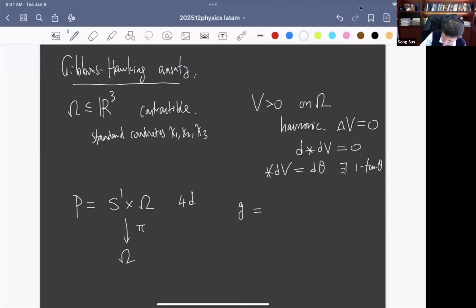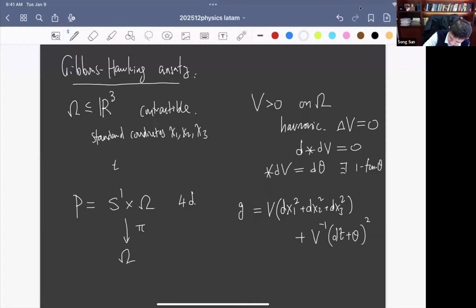You just take the standard Euclidean metric and do a conformal change by V. Because of this projection by pi, everything downstairs, these symmetric tensors, you can pull back to P. So this is degenerate, but then you add a term on the S1 fiber, (dt plus theta) squared.